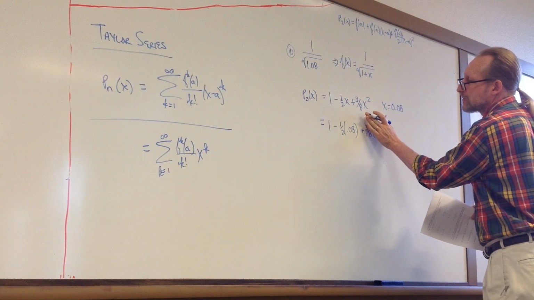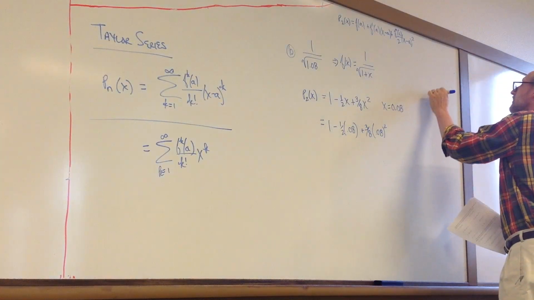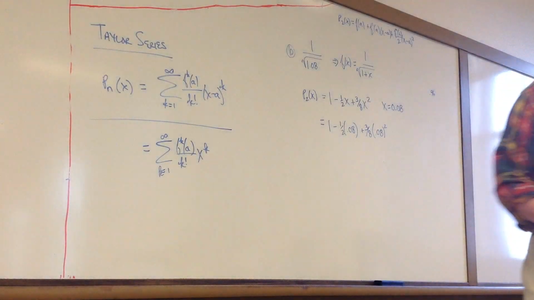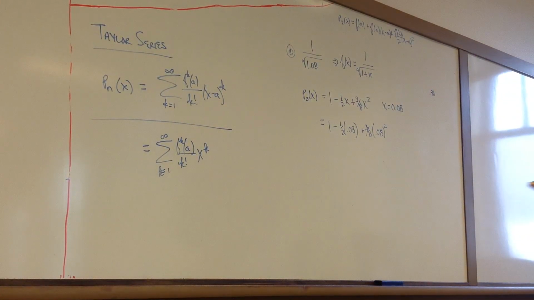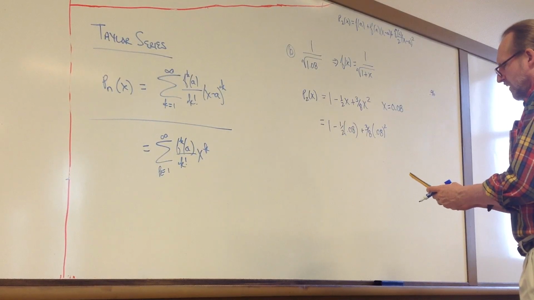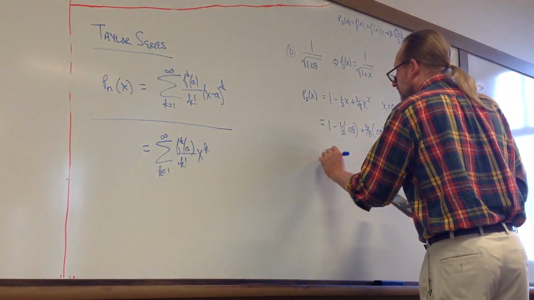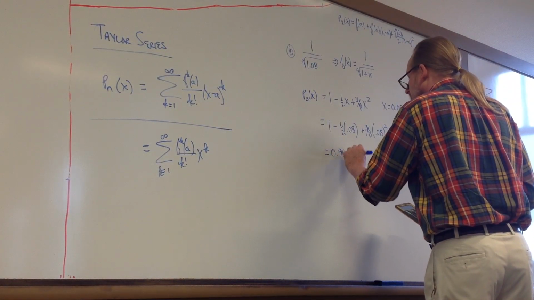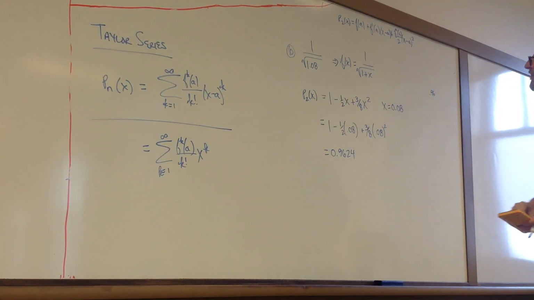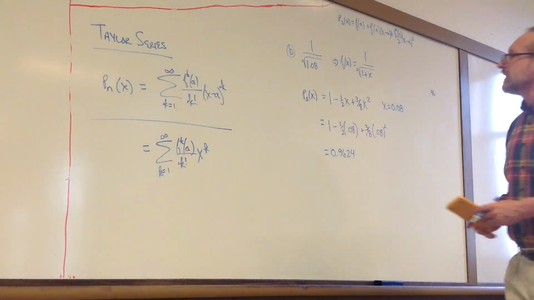It's just 1 minus 0.04, which is about 0.96. Okay? But let's calculate the quadratic approximation. And there we go. So this one's going to be 0.9624. So you can see it's a little bit bigger than our linear approximation.